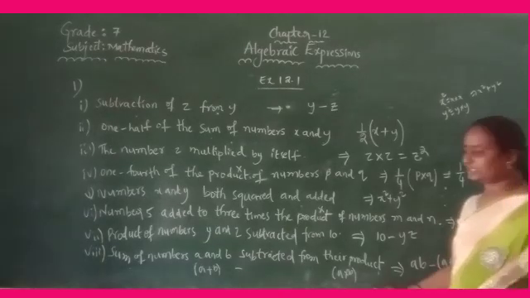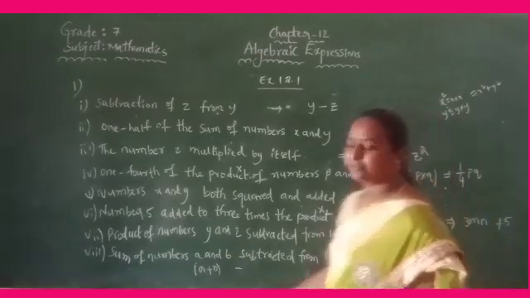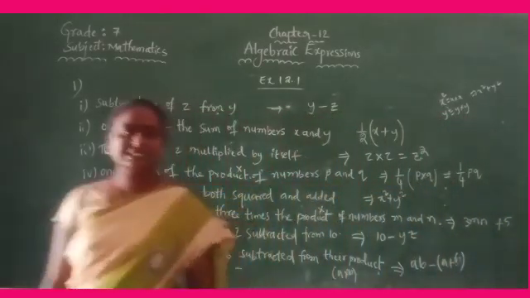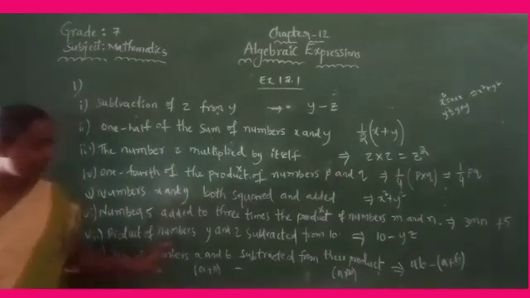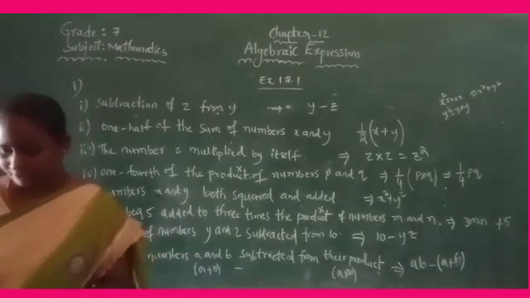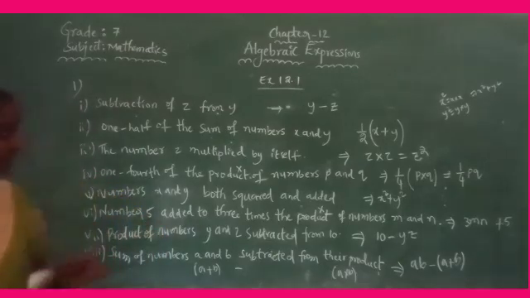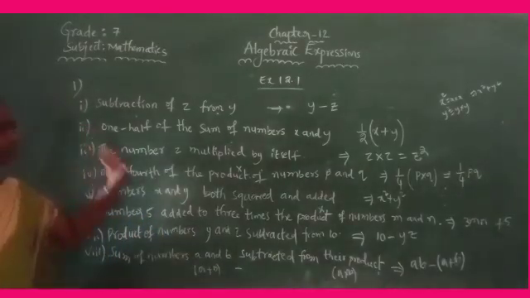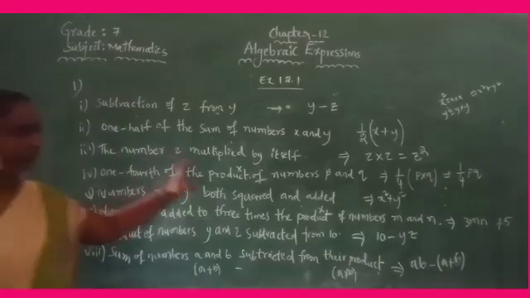Like this, the expressions we will form using the variables, constants and arithmetic operations. Okay children, is it clear? So very good. Remember, using the statement we can form the expression.